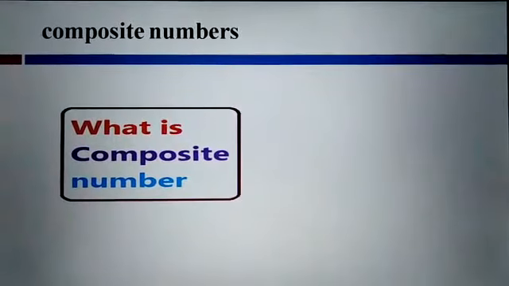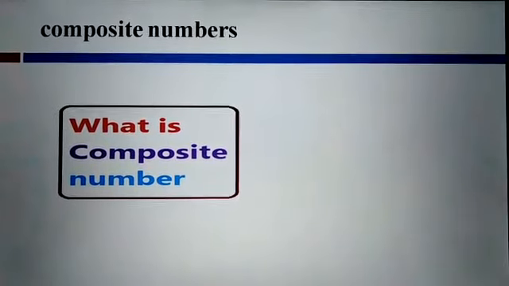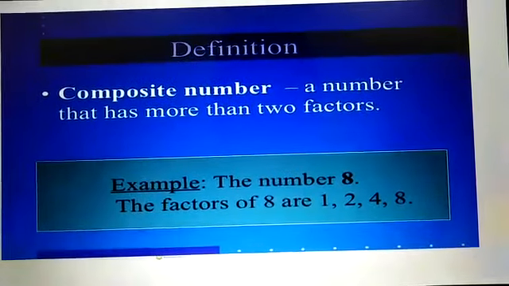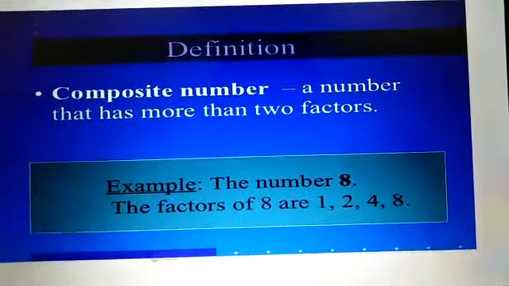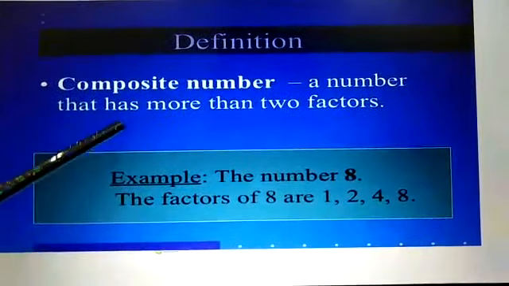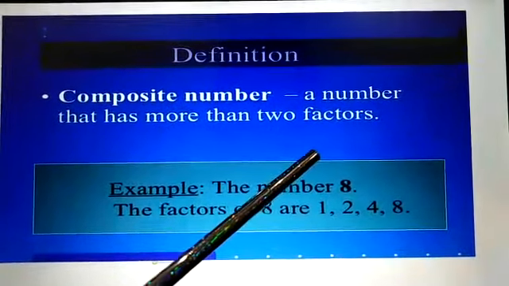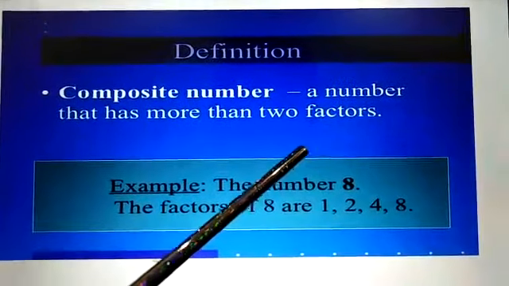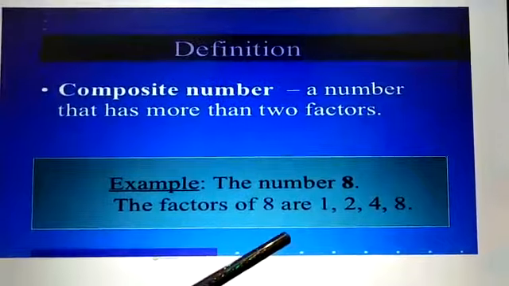Okay students, next topic is composite numbers. So what is a composite number? The definition of a composite number is a number that has more than 2 factors. We have already discussed factors, students. You know very well now what factors are.